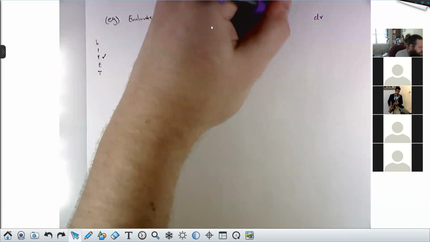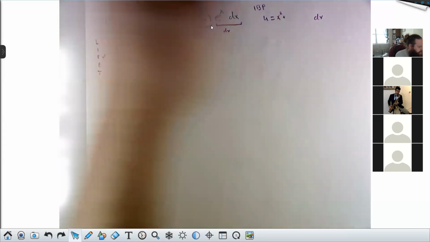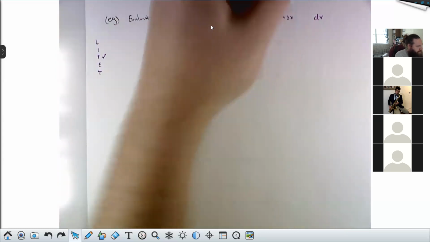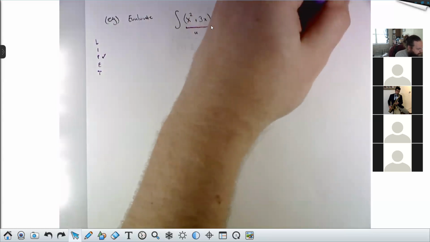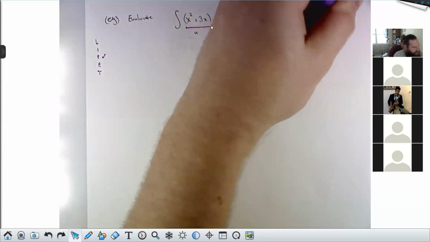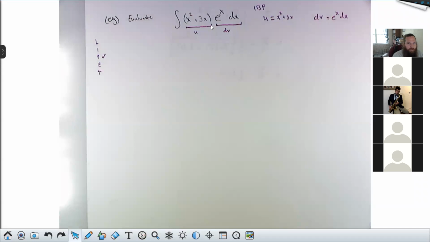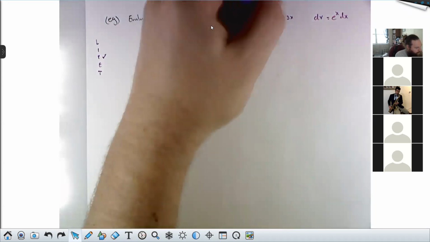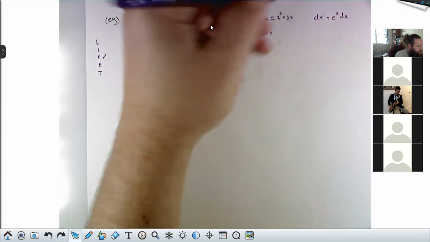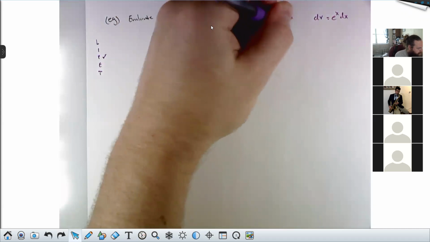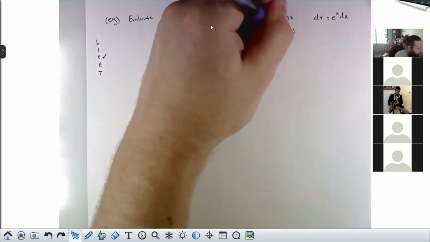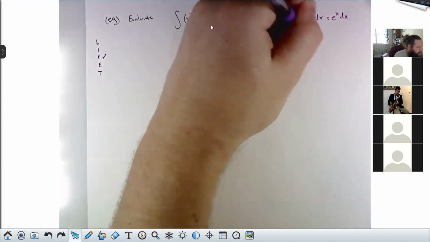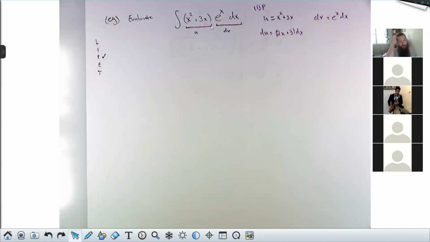So u is x squared plus 3x. And dv is just e to the x dx. Don't forget to write the differentials. Du, the derivative or differential of x squared plus 3x is 2x plus 3, and that whole thing is multiplied by dx. The parentheses here are important.